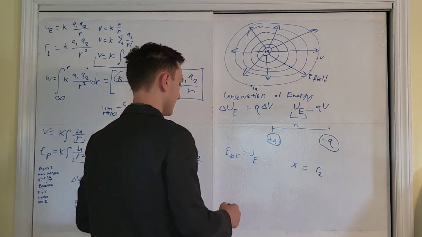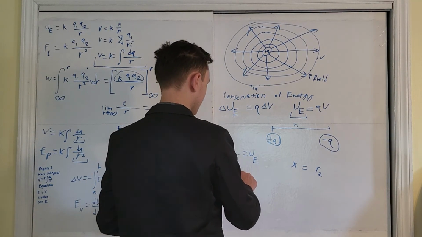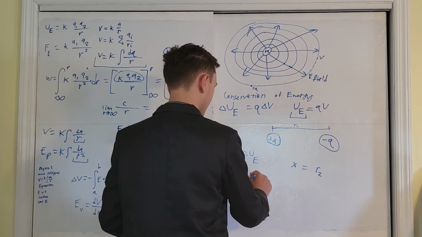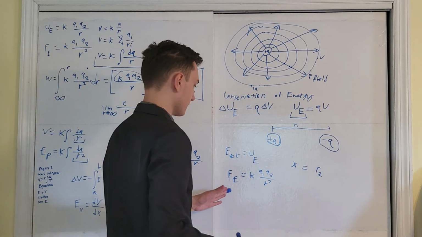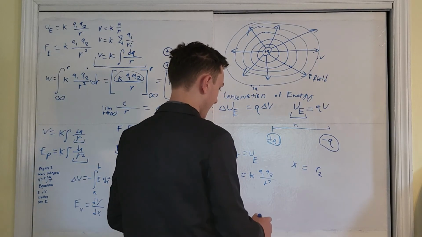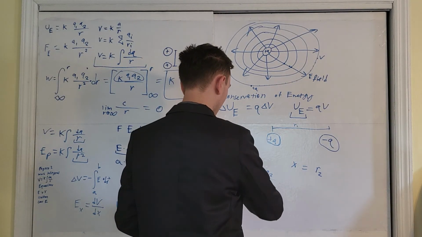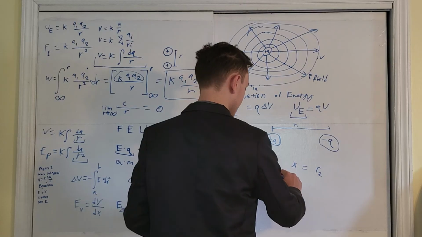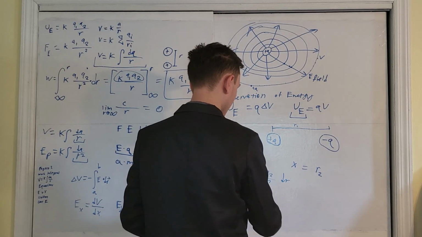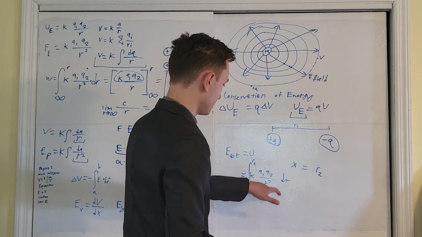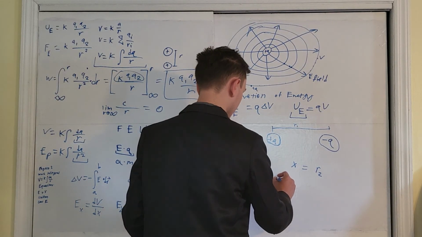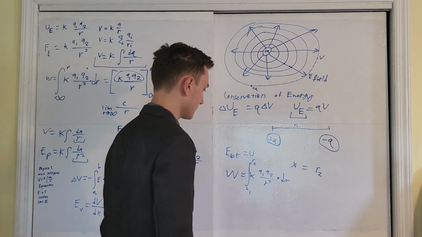And we're going to say that the electric force equals K Q1 Q2 over R squared. We're going to say that that electric force acted on a distance dr from R1 to R2. And we have our force integrated with the dot product of our displacement vector, giving us work.